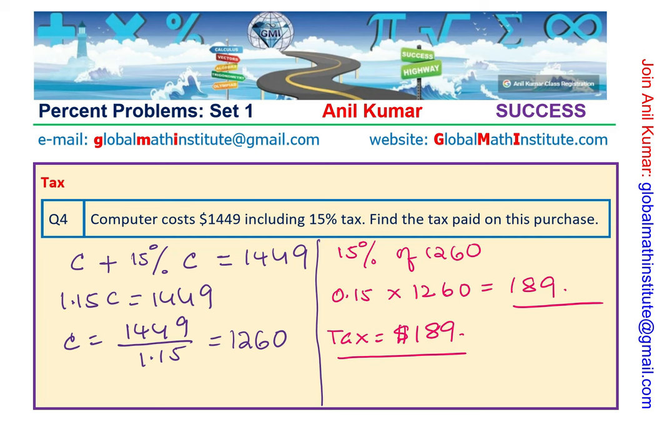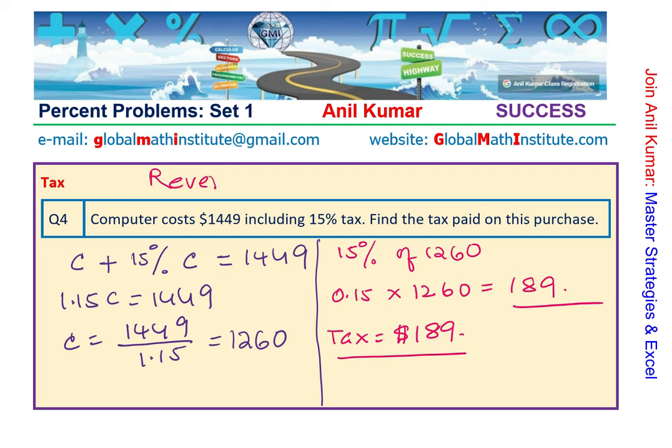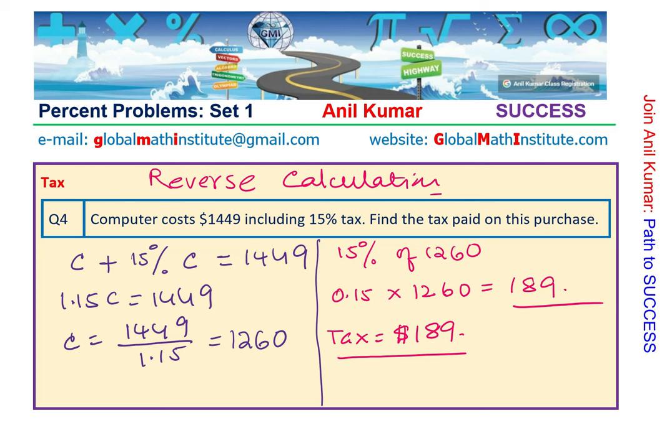You get the whole idea, right? So that is the question. Now, I hope with this you have understood how we do the reverse calculation. So we have done the reverse calculation and found our answer, right? So we found first the cost and then 15% of the cost to get the answer, which is the tax in this case.